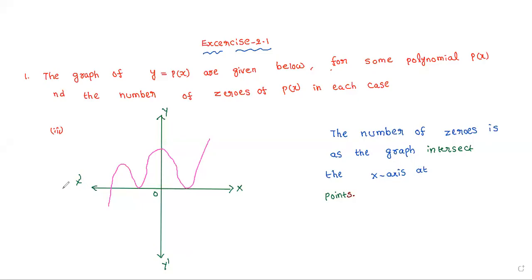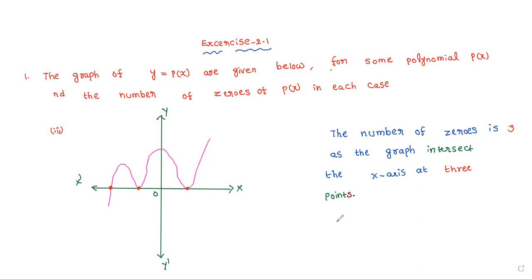Please observe. In the graph, the number of zeros, please observe, ma. This is the 1 point. The x-axis intersects at 3 points. The number of zeros is 3, as the graph intersects the x-axis at 3 points. So with 3 points, which graph is this?